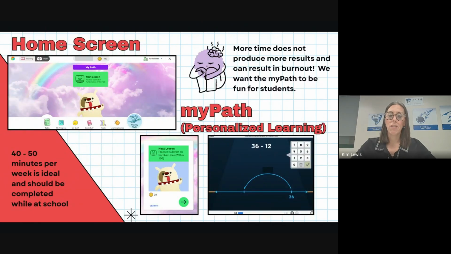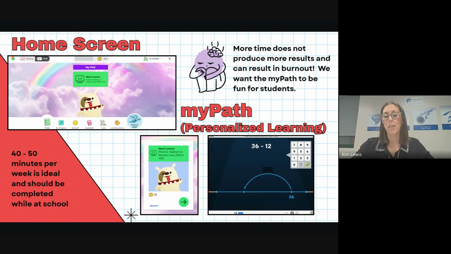Other components of iReady are electronic. The workbook is typically what they're doing for the majority of the math lesson, but there are some electronic components. On the home screen, when they log in through their Launchpad and go to their iReady button, they will open up to this home screen, and on there is their MyPath lesson.